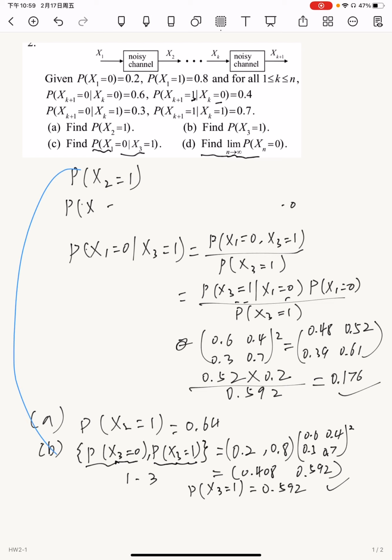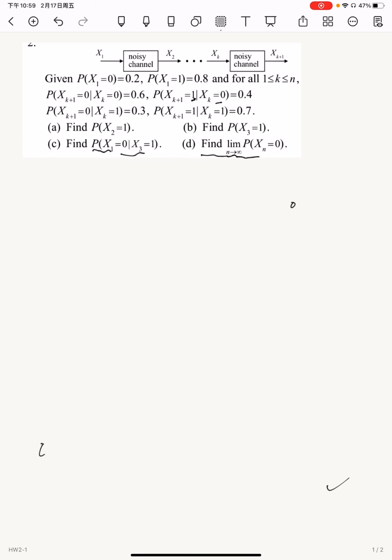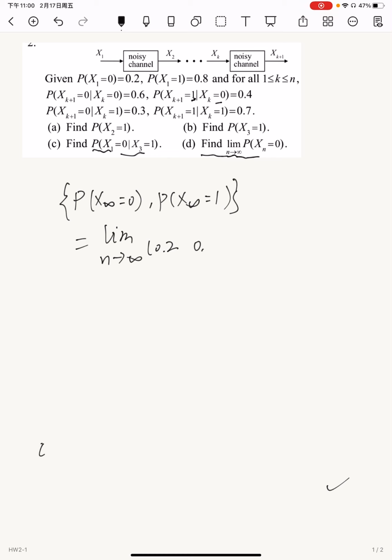Okay, let's solve problem D. So we can calculate that the probability of x infinite equals 0, the probability of x infinite equals 1, when n is infinite, equals 0.2, 0.8, multiplied by the matrix of 0.6, 0.4, 0.3, 0.7 to the nth.